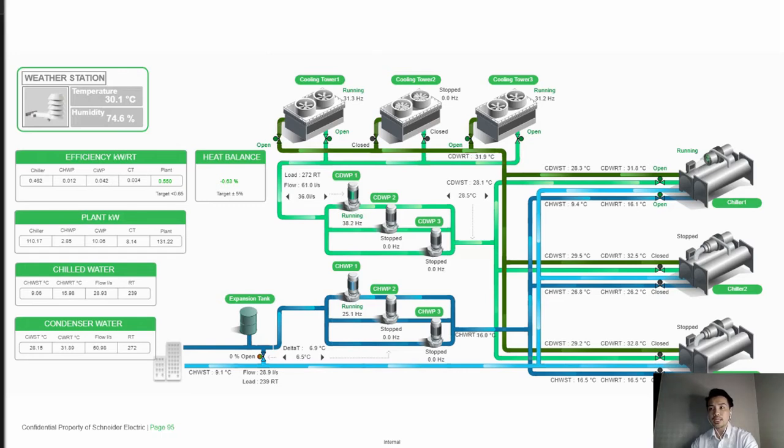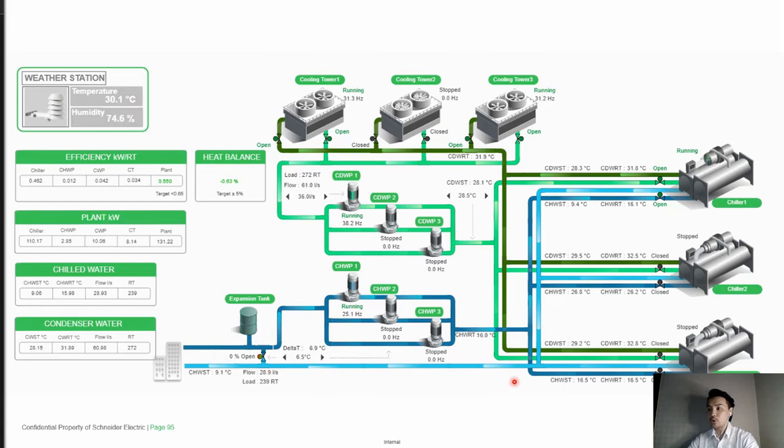Going next, we have the graphical view in this dashboard, where you can see your cooling towers, the speed of the pumps, the chilled water pumps, also the operations, the temperatures in and out of your chillers, and also how the flow gets to your expansion tank and to the pumps.